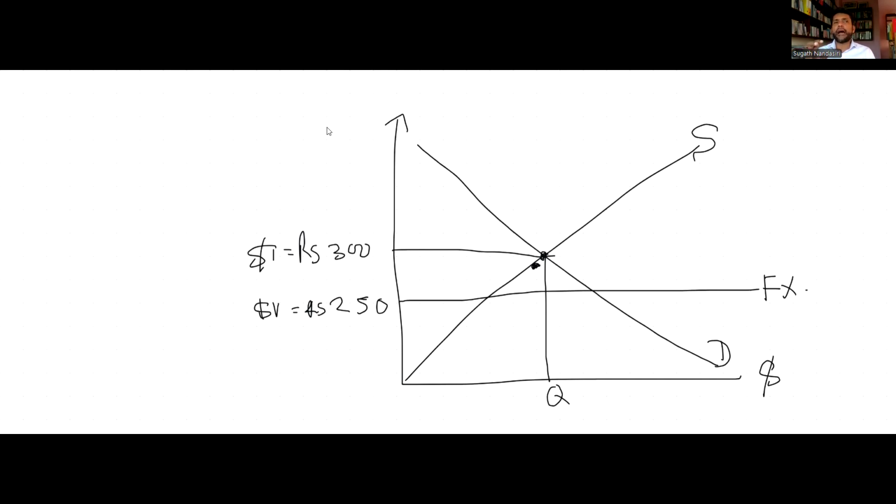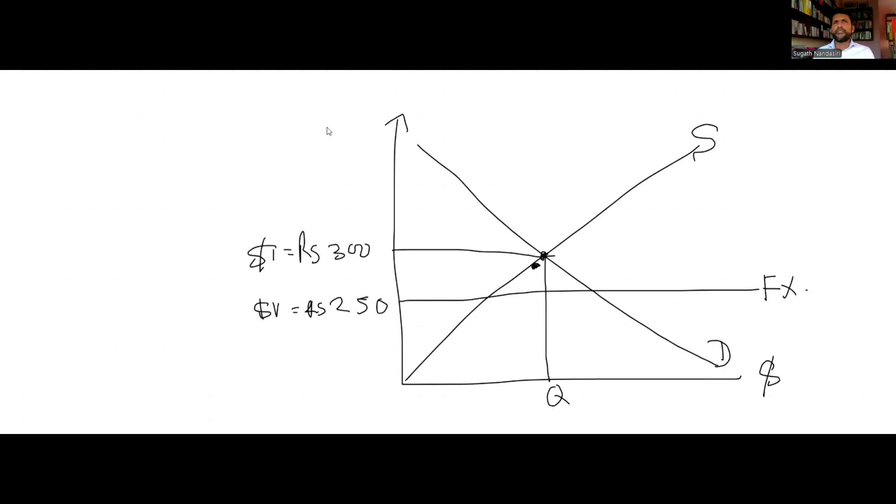That is an artificial rate. In order to maintain this fixed exchange rate system, the central bank should have enough foreign reserves, because there is excess supply and excess demand where you disturb the general process and create an artificial rate.